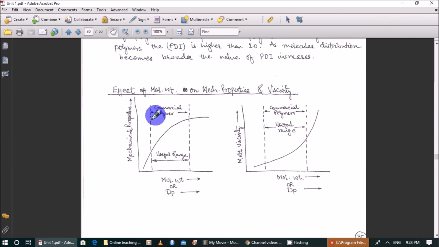So there is a commercial polymer range denoted by these two dotted lines, and this is known as the useful polymer range. If we polymerize our polymer system within this range, between the two extremes, lower bound and upper bound, then we will get a polymer which is commercially useful.